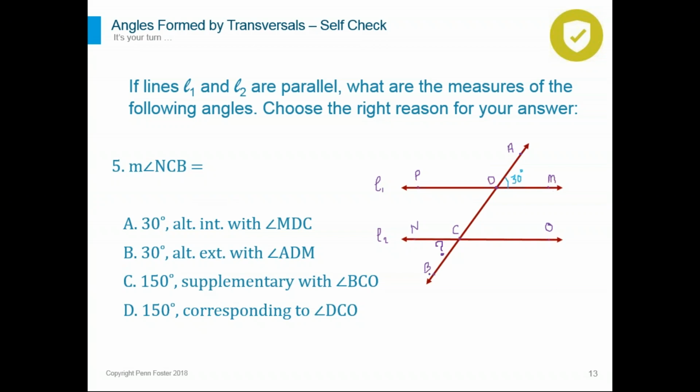And this angle, are they alternate exterior angles? The first one was interior, this one is exterior. Which one is the reason? Or maybe it's 150 degrees because supplementary with BCO? Or maybe it's 150 degrees because it's corresponding to D. I'm going to leave that figure a few seconds so you're able to decide on the answer, and then you can choose your answer whenever I change the screen.